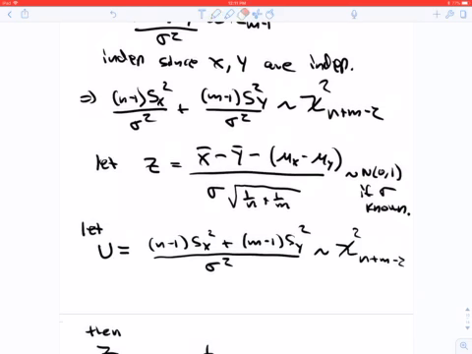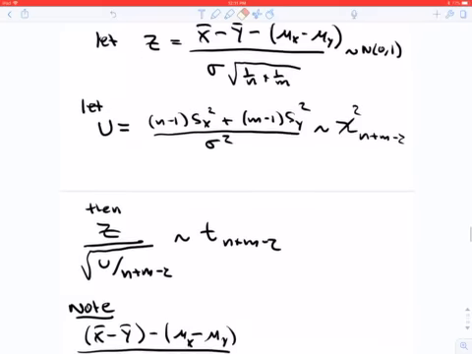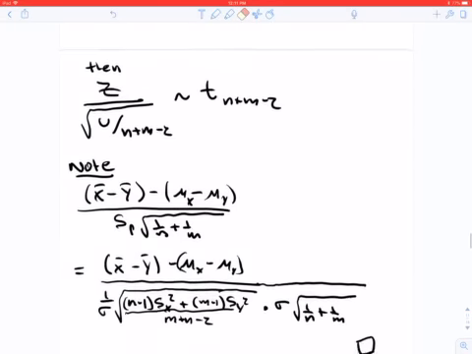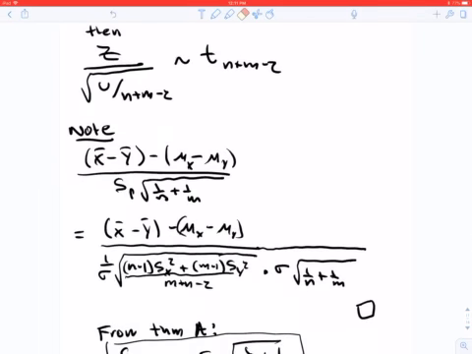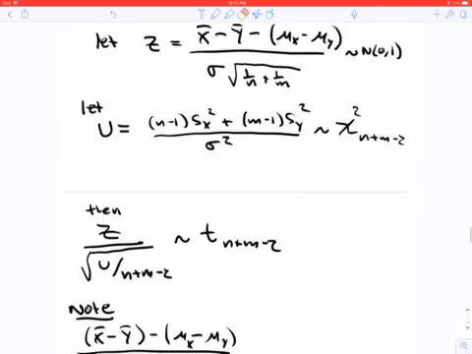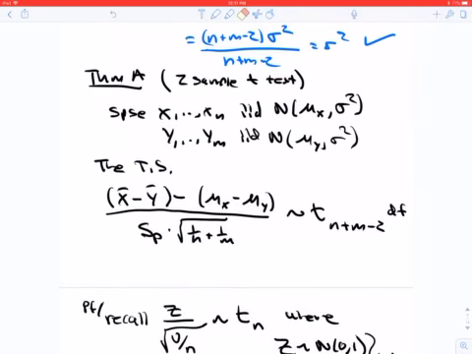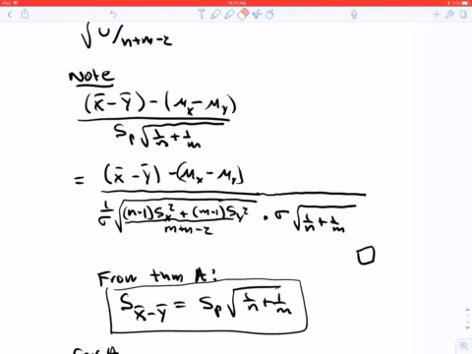So I define z here, and u is chi-squared. Then this is by definition t, and all that we need to do is see that this z over square root u divided by n plus m minus 2 is this quantity given in the theorem here.